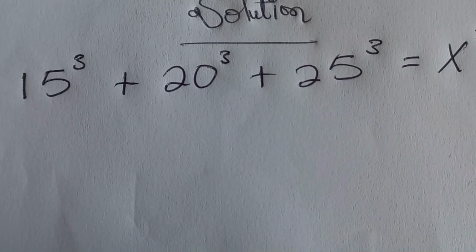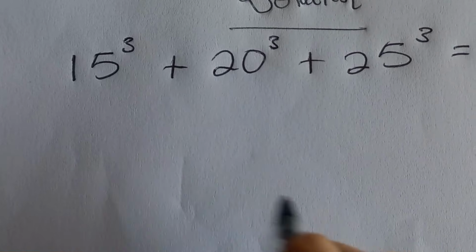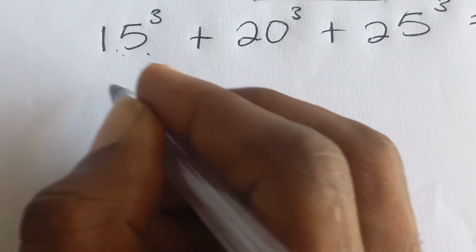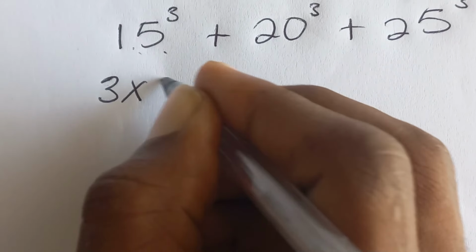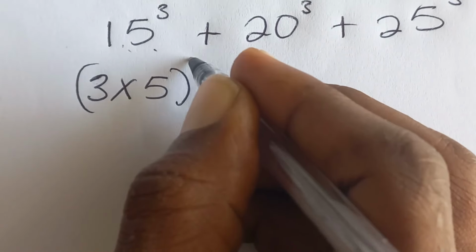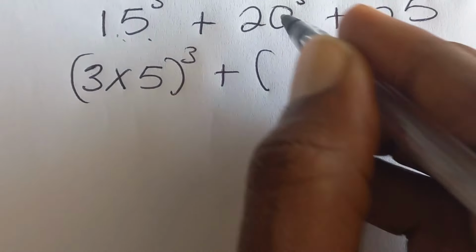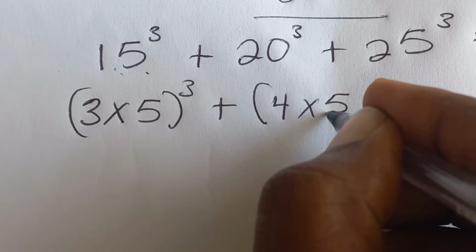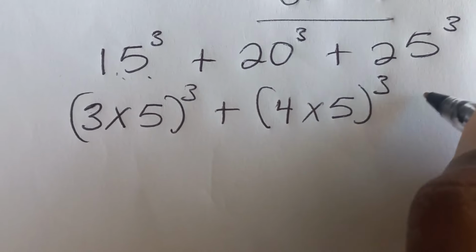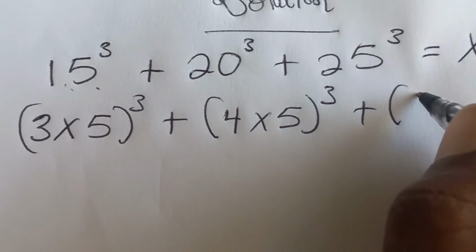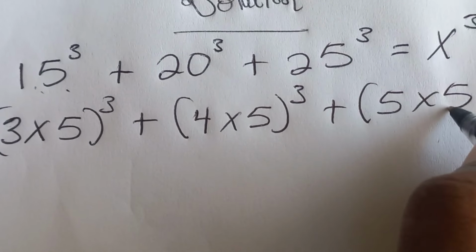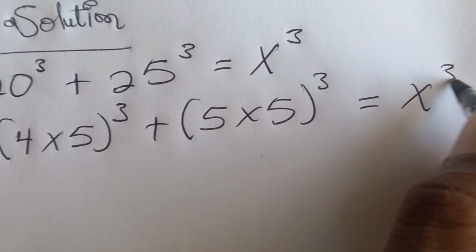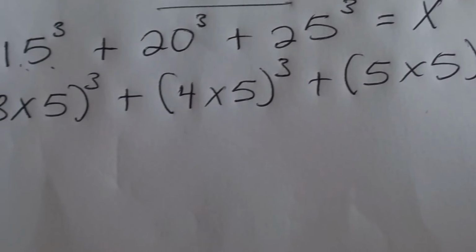So here in algebra, 15 we can express as 3 multiplied by 5, all exponent 3, plus this one, you can write as 4 times 5, all exponent 3, plus 25, you can say that is 5 multiplied by 5, all exponent 3, is equal to x exponent 3.